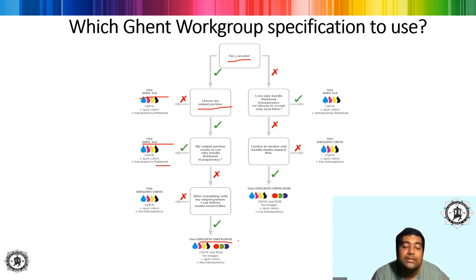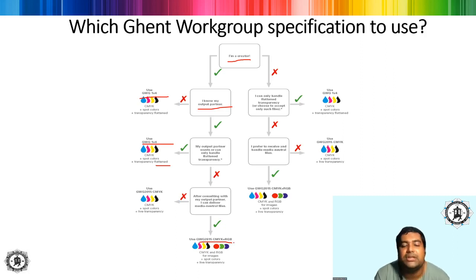I will show the application settings from where you can download the presets for different native design applications where you can use this, or you can export the files, and you can go for pre-flighting these files. So here, as you can see, if you know that your output partner can work with media neutral files, then you have to use GWG 2015 CMYK plus RGB.